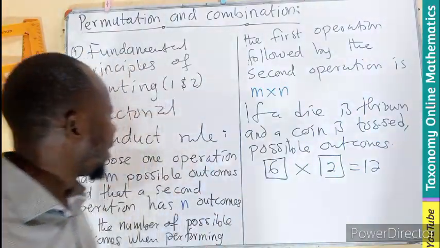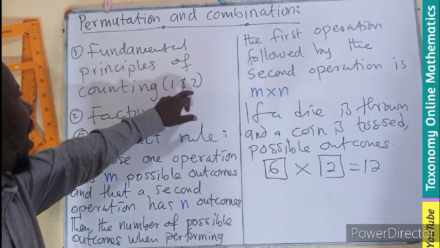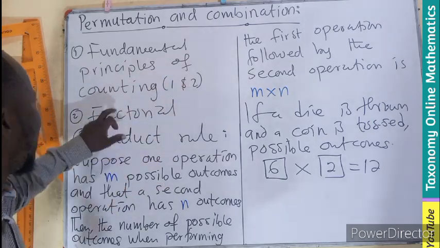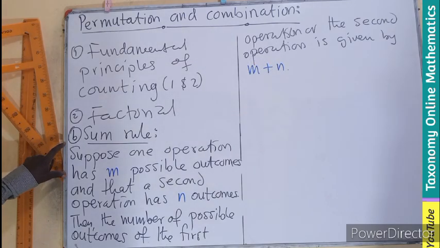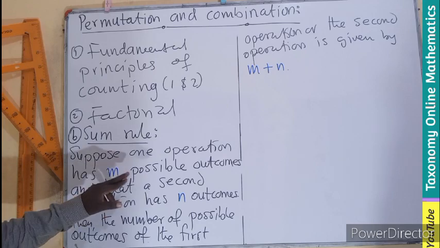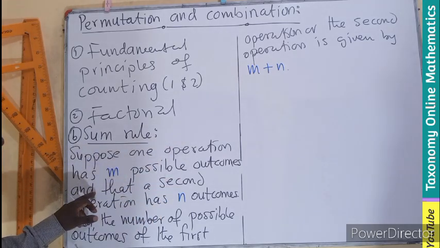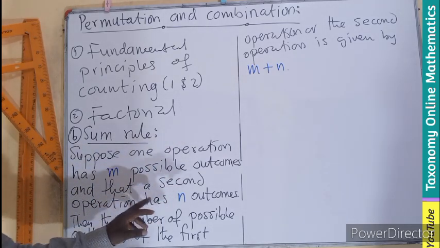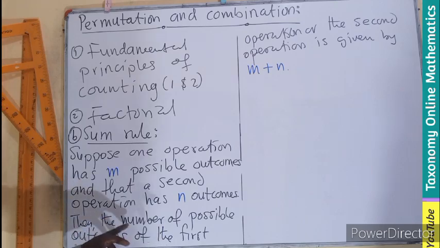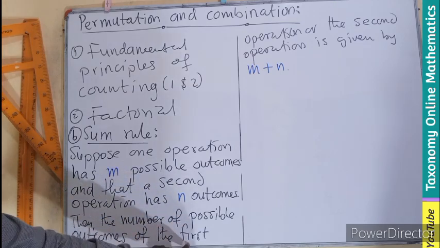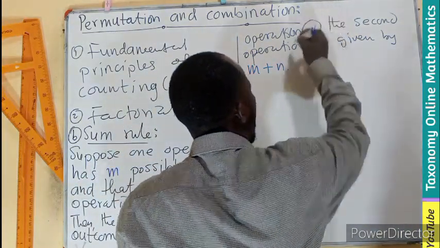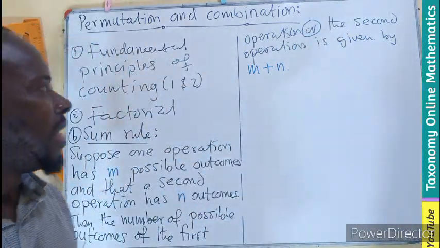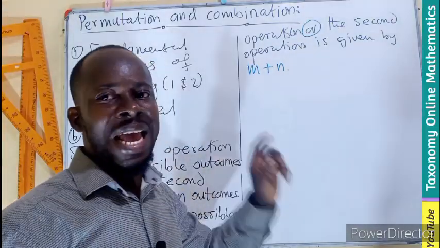So let's look at the second fundamental counting principle, which is the sum rule. Supposing we have one operation which has m possible outcomes and a second operation has n outcomes, then the number of possible outcomes of the first operation or the second operation is given by m plus n.